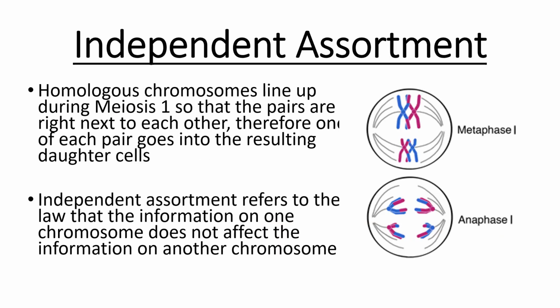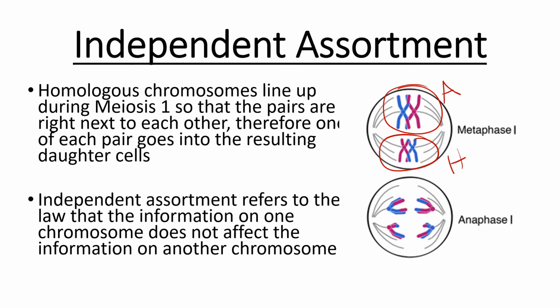Right. Now notice how in metaphase and anaphase 1, the homologous chromosomes lined up, right? So the pairs are right next to each other. This means that whatever chromosome you get from chromosome 1 and whatever chromosome you get for number 2, they don't depend on each other. And what this means in the real world is, just because you have attached earlobes, right? So let's say this is earlobes. Just because you have attached earlobes does not mean you also have a hitchhiker's thumb.